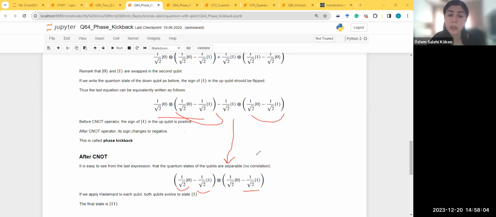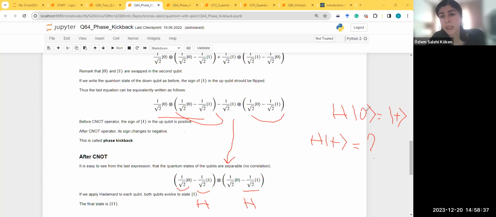Now, if you apply Hadamard on both qubits, you should first remember the following. If we apply Hadamard to the 0 state, then we get the plus state. And if we apply Hadamard back to the plus state, do you know what we get? It is like applying Hadamard twice. What do we get?